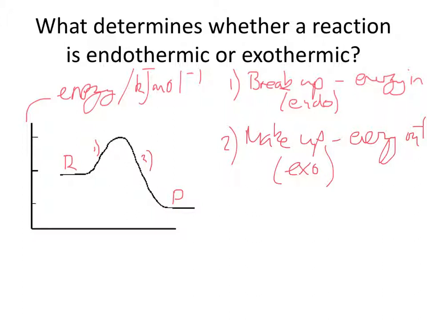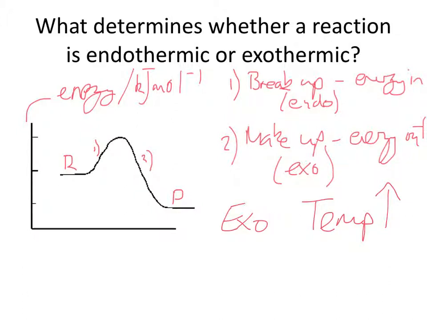So, what makes this reaction exothermic is that the energy absorbed to break old bonds is less than the energy released when new bonds are made. Therefore, overall, the reaction is exothermic and the temperature of the surroundings increases.